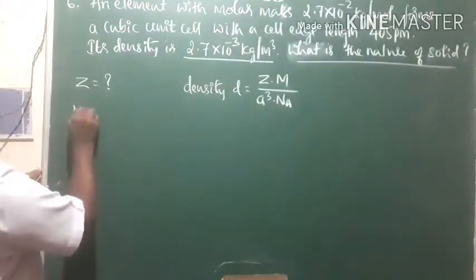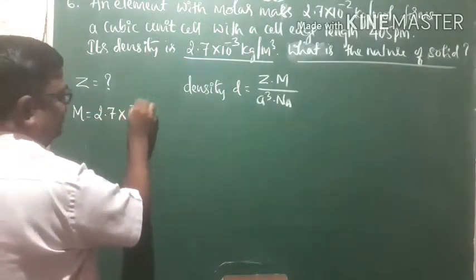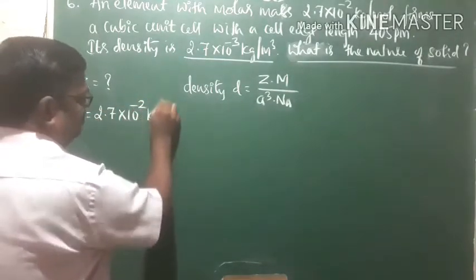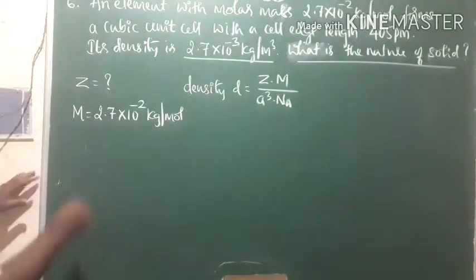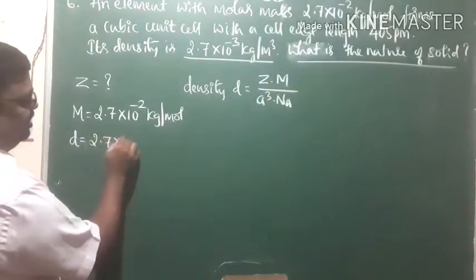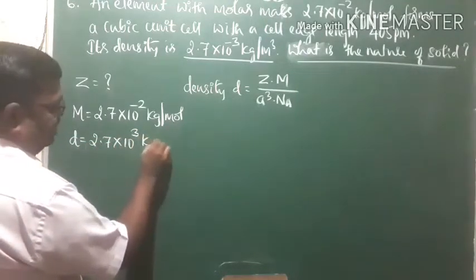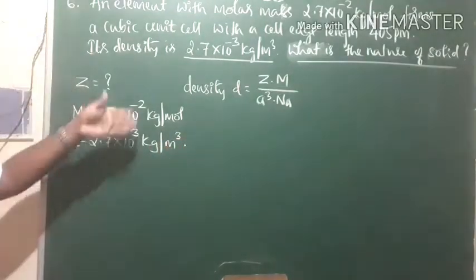And of course, the molar mass is 2.7 into 10 to the power of minus 2 kg per mole. Then the density is also given, that is 2.7 into 10 to the power of 3 kg per meter cube. Both are in the same units.